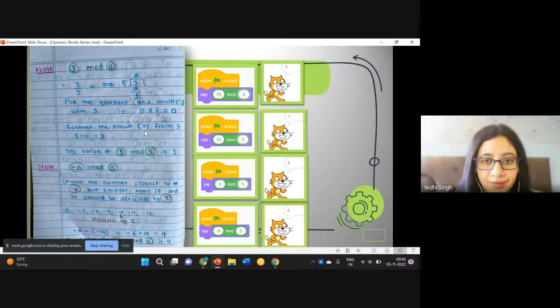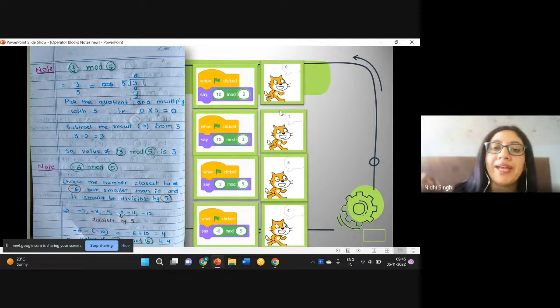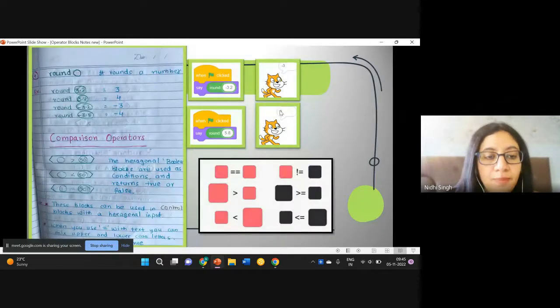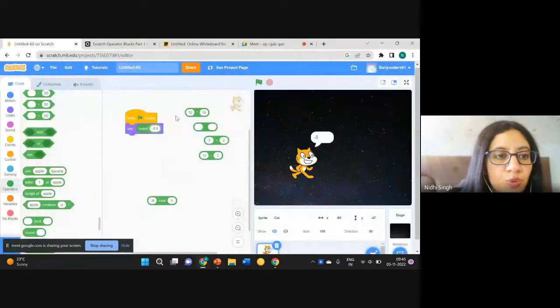Whatever we have studied till now today, all these blocks are in round shape. We can't use them as a condition. They can be a part of a condition where you are doing calculation, but you cannot exactly use them as a condition. Only hexagonal blocks you can use as a condition.